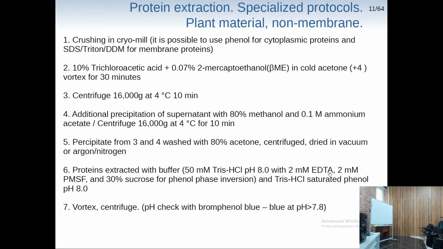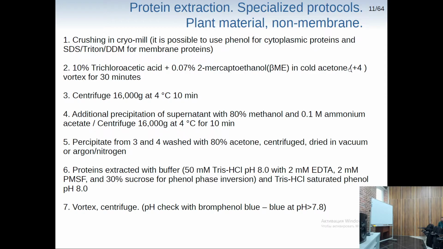But when we crush our samples, when we open our membranes, everything gets mixed, and those secondary metabolites as well. And there are some protocols which include additional steps like precipitating your proteins out of solution with trichloroacetic acid and cold acetone, for instance.